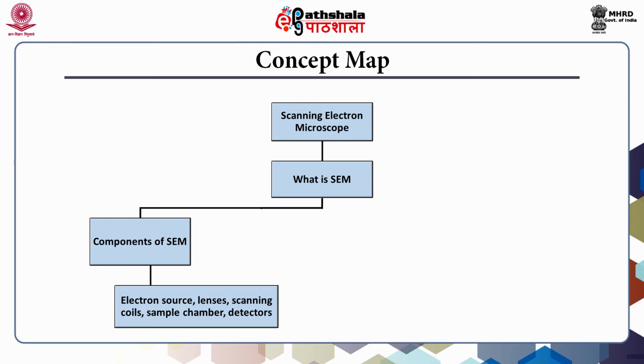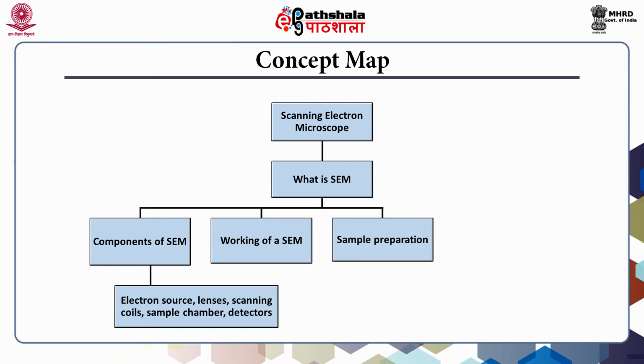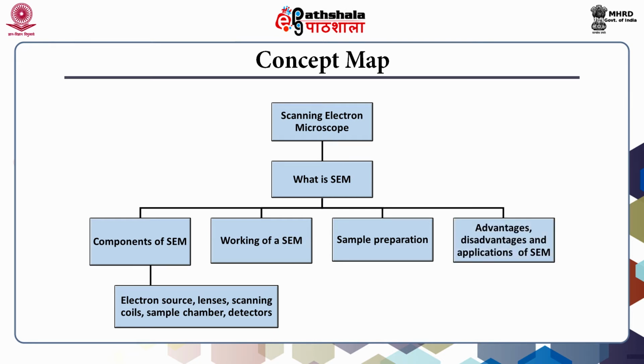In the next section, we will cover the various steps involved in the working of the scanning electron microscope. The sample preparation techniques for the scanning electron microscope will also be discussed. And lastly, advantages, drawbacks, and various applications of the scanning electron microscope will be outlined.